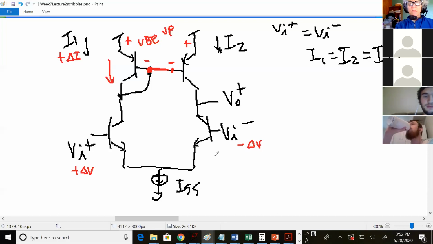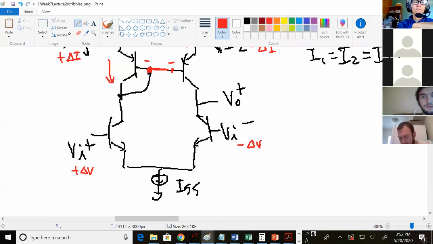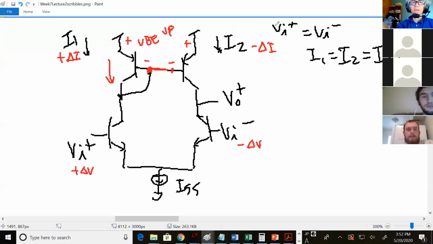Let's look at what happens to the current here. If VI goes down by delta V, what happens to the current through this side? If VI goes down, the current goes down. Yes, so this goes down by the same delta I that the other side went up with. And now we have all of the information we need.